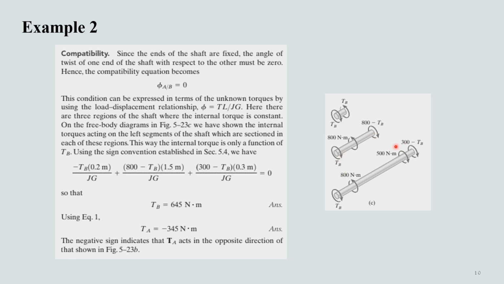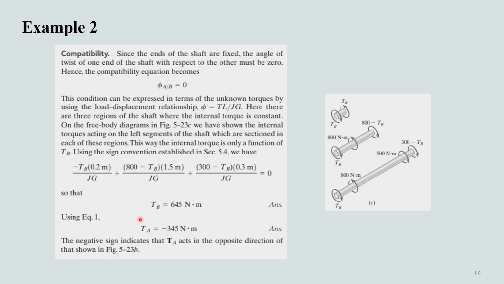Thus, for the second segment, the angle of twist will be determined using this term, and for the third segment of the shaft, we'll have this particular term for determining the angle of twist. Thus this equation has only one unknown, that is TB, and it can be solved simply for this one unknown TB here.